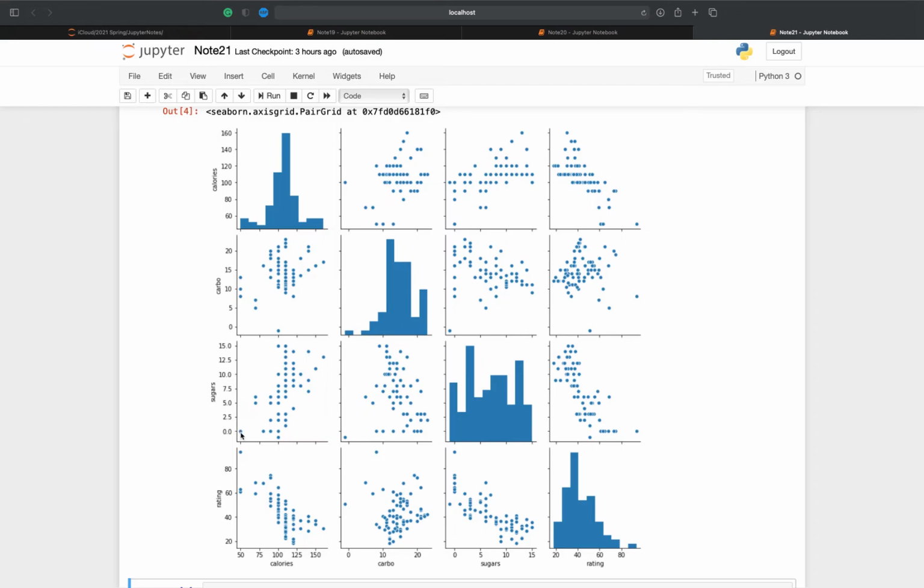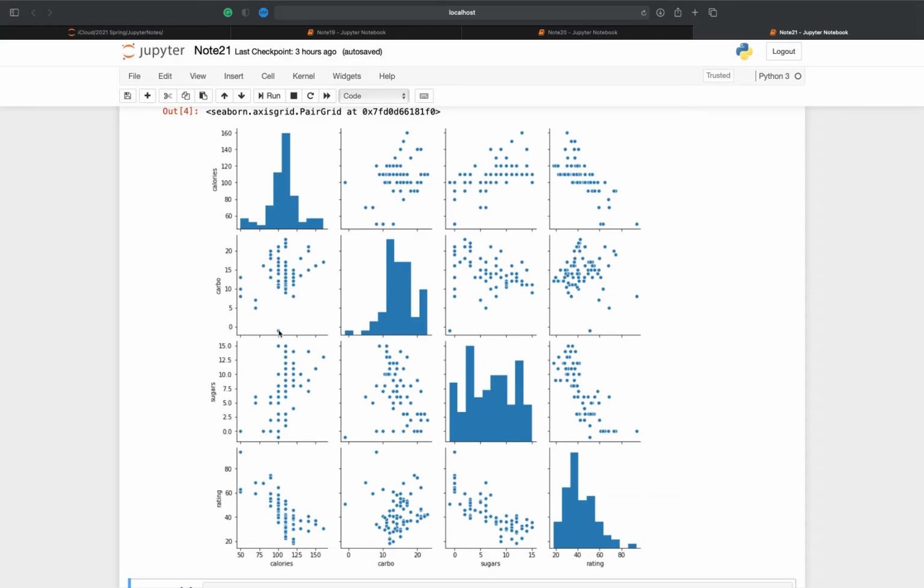So sugar 0 shows calorie, actually sugar 0, calorie 50. Okay, and then the highest calorie will belong to the cereal which has sugar 12.5, right?